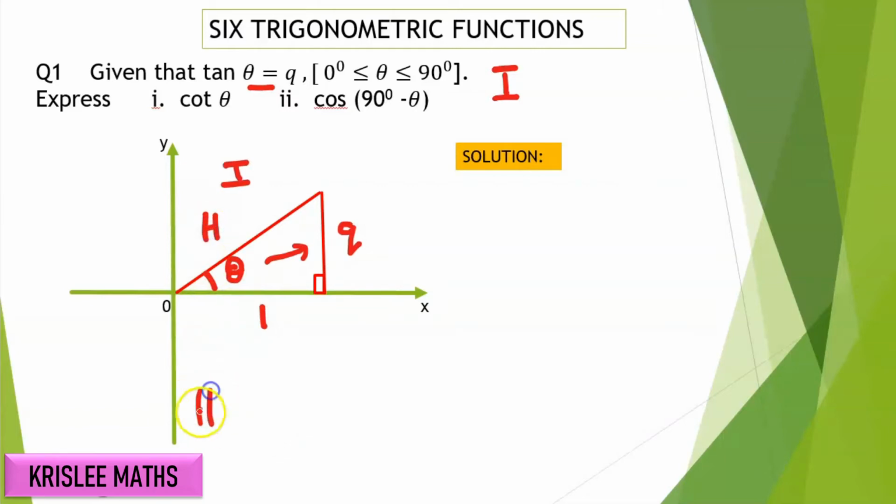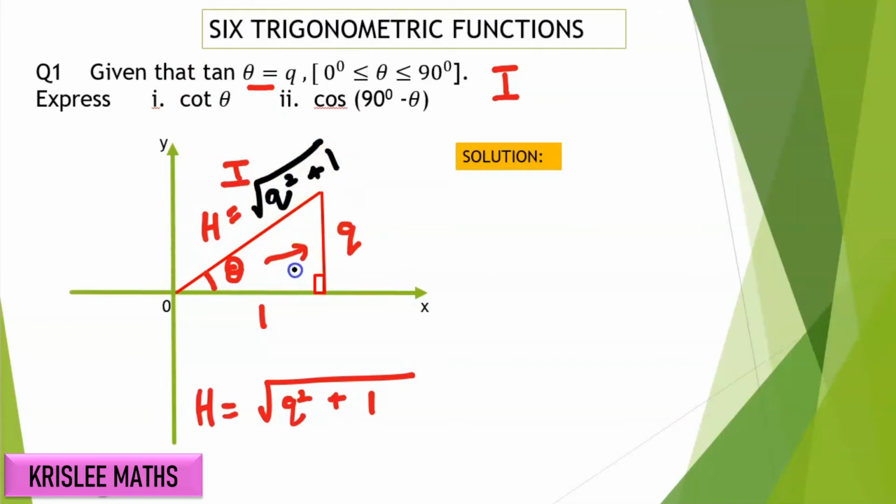So h equals the square root of q squared plus 1 squared. 1 squared is 1. So the hypotenuse will be the square root of q squared plus 1. Once you have all three sides, next you can try to solve the question.